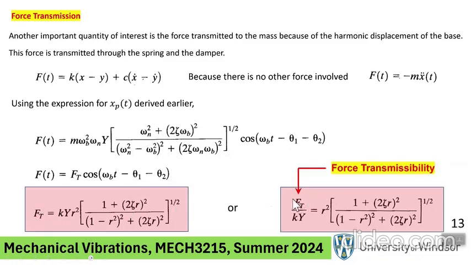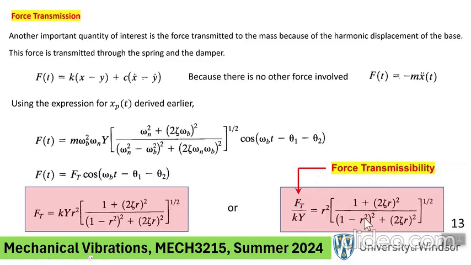And this ratio of amplitude of the transmitted force divided by some other force, which is just the magnitude or amplitude of the displacement of the base times k. This has unit of force. This has unit of force. This ratio is called transmissibility ratio. And the only thing that happened here when you compare it with the previous displacement transmissibility, remember big X over big Y, we have this R squared sitting there.